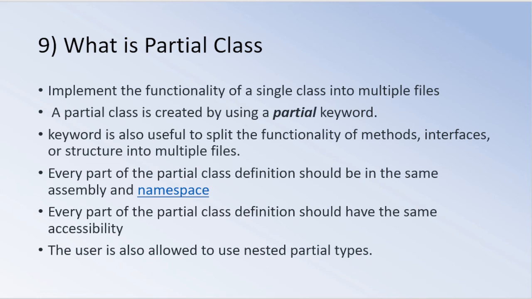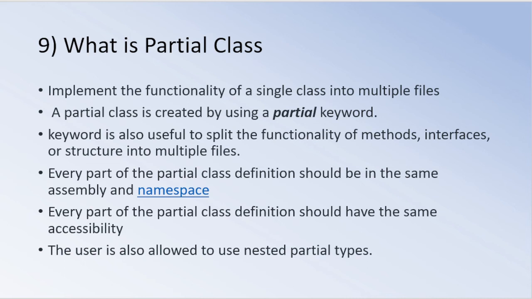The important point here is that when you want to chop the functionality of a class, method, or interface into multiple files, then you should use the partial keyword. And all the files are mandatory to be available at compile time for creating the final file. While creating a partial class, every part of the class defined should be in the same assembly and namespace, but you can use a different source file also.